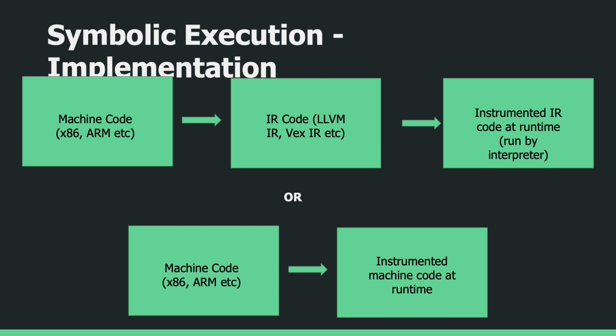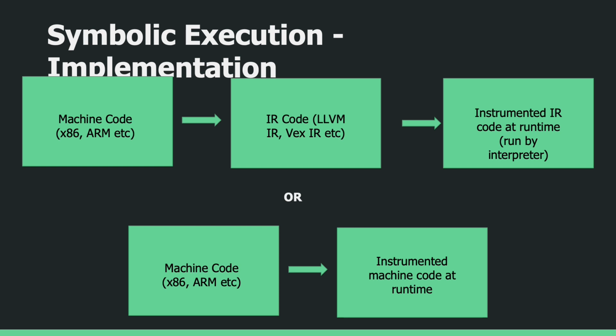However, the IR code is much less optimized than the machine code, and when you're working with machine code, you can optimize your symbolic execution code as much as you want. So the second approach, even though it's difficult to implement, is much faster than the first approach. Now the first approach, as I told, is the one followed by KLEE, angr, S2E, while the second approach is followed by one of the most famous symbolic executors, which is QSYM.